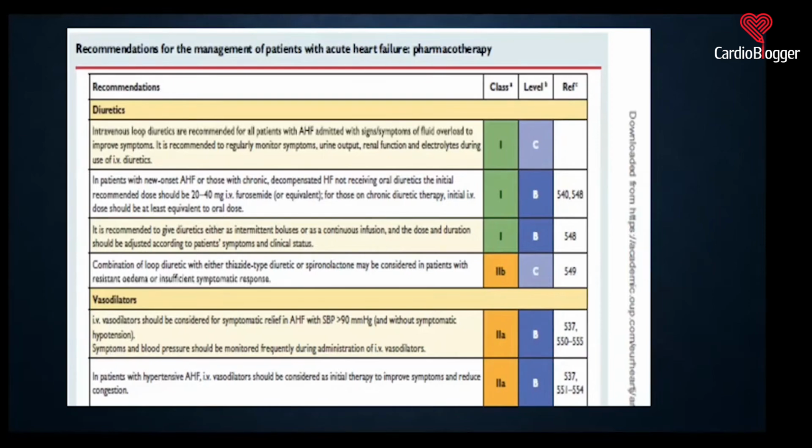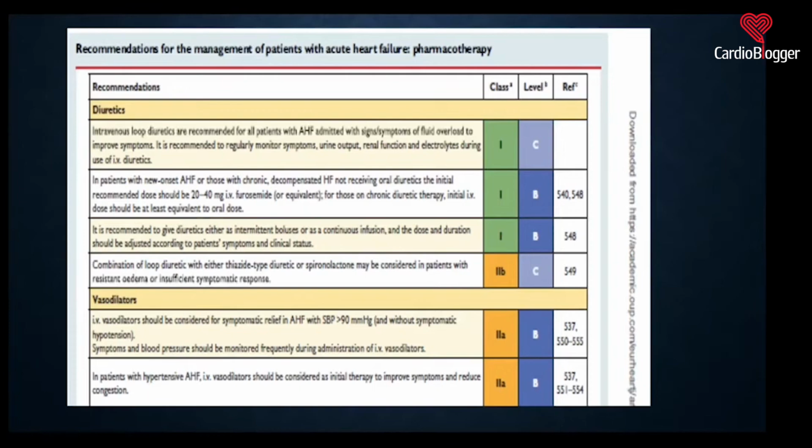Now the recent practice is that you give 40 to 60 milligram, and then you have to reassess the patient after 6 to 8 hours. If you think the patient is doing good, then there is no need of further diuretics. If you think the patient is still volume overloaded, you can again repeat a similar dose of 40 to 60 milligram of loop diuretic.